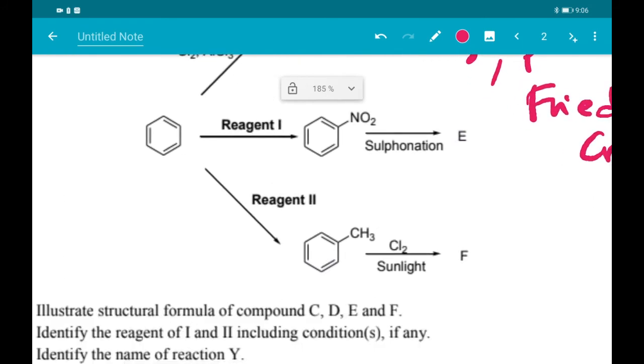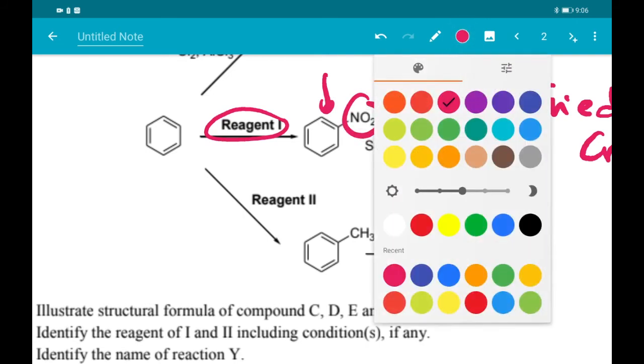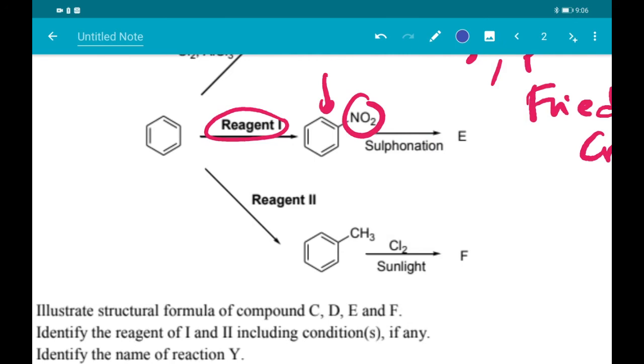Question number 2, we need to determine reagent 1 first. Although it is not given, we are already given the hint that the attachment to the benzene is the NO2. There is one possibility.